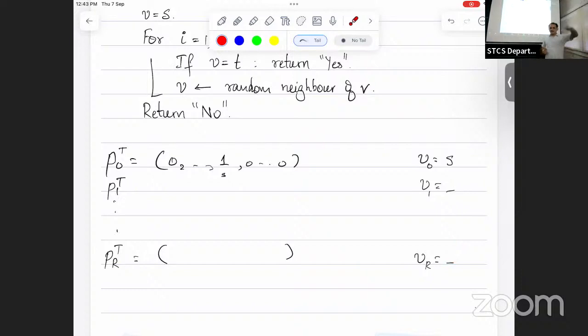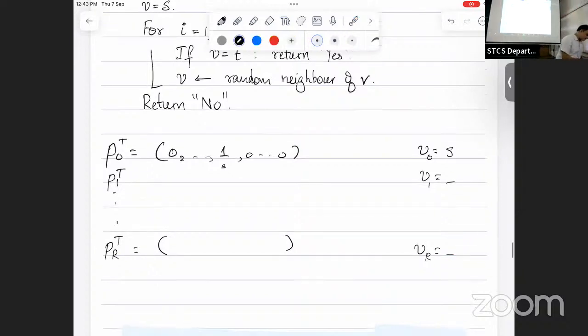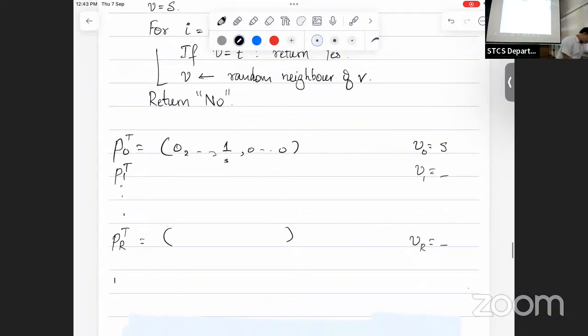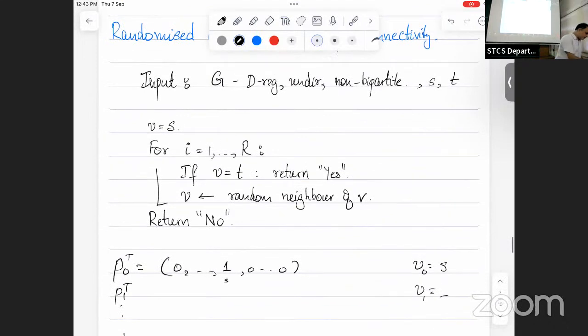Technically speaking, the algorithm is checking everything in the middle, but let's just focus on that to get a sense of things. Let's keep track of this pi. Because I have assumed that it is d-regular, the stationary distribution is just going to be the uniform distribution on all the vertices.